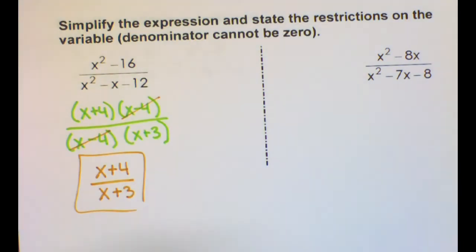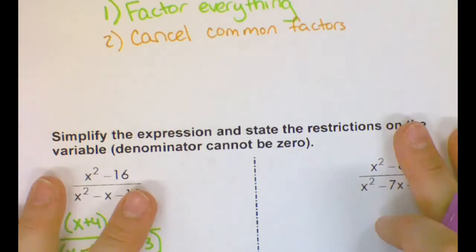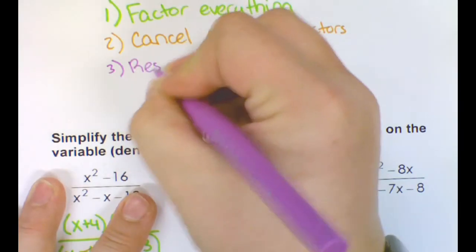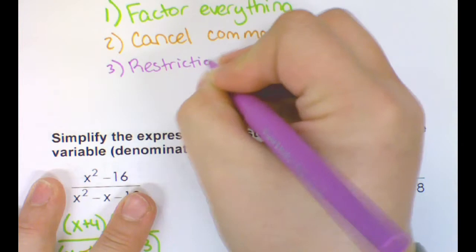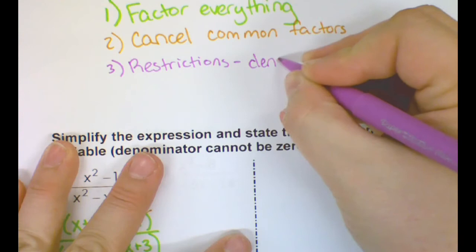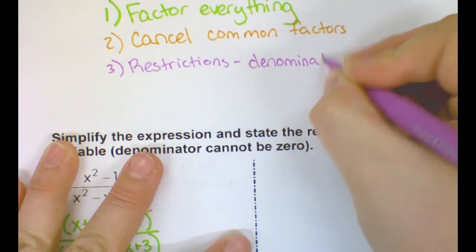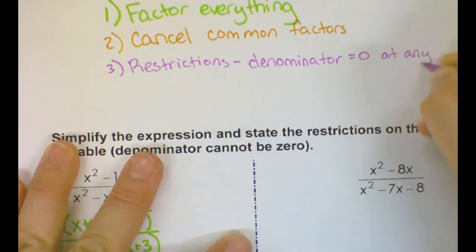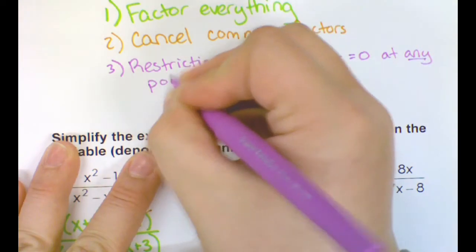The only other piece to this is restrictions. And the restrictions are when the denominator equals 0 at any point in the problem.